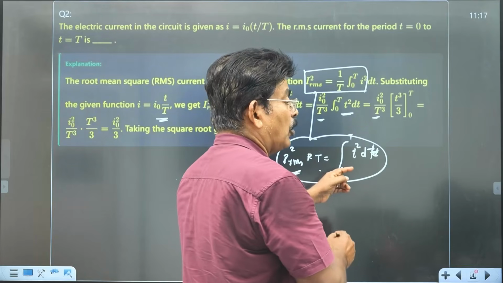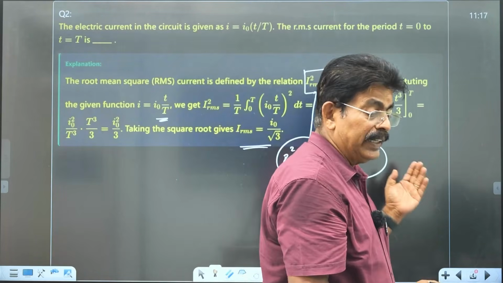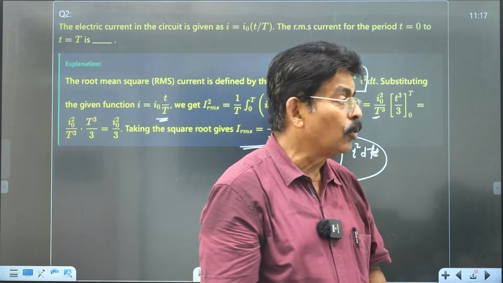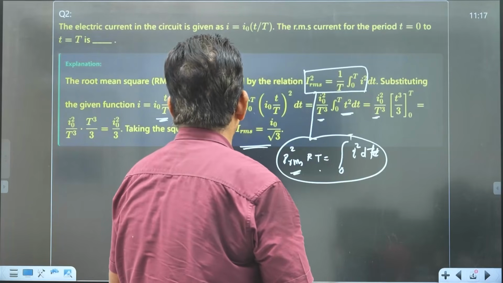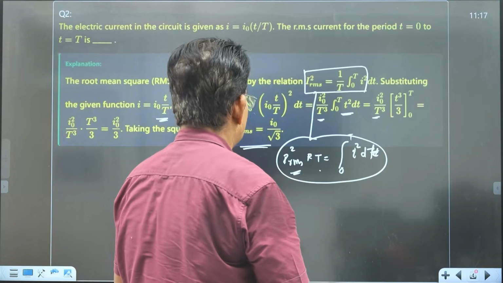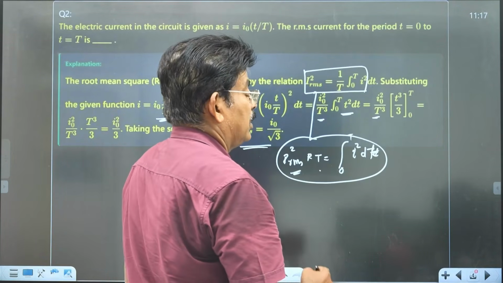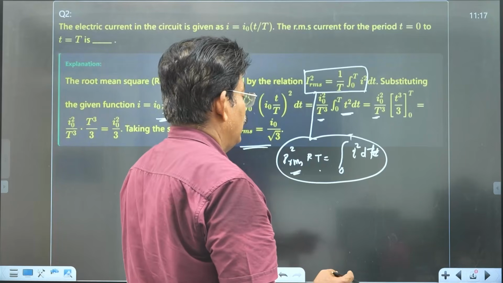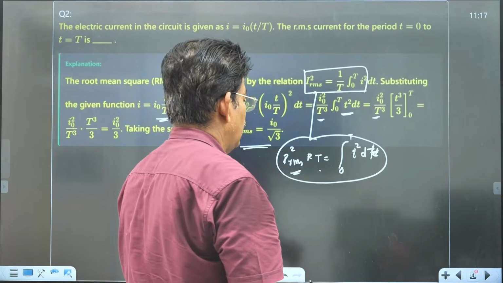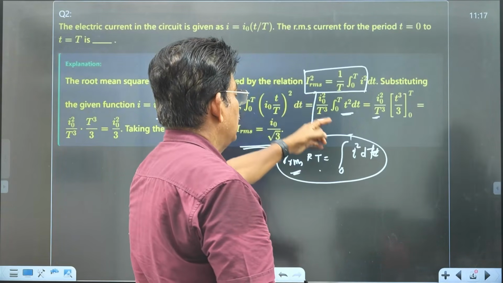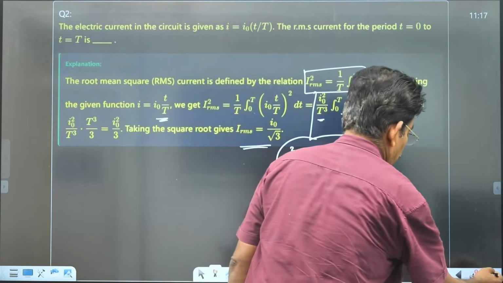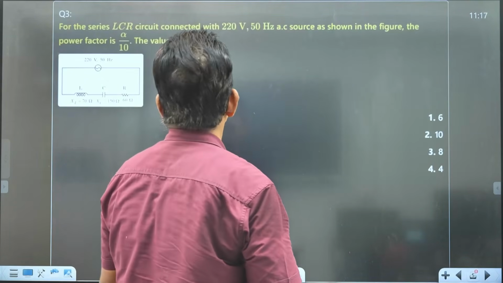Now we substitute for I. It may be a varying current like this, here the current is I0 into t by T. It can be a varying current, it can be an alternating current, whatever it may be. This is the method of calculation. We substitute for I and we get the answer. We go to the next question.